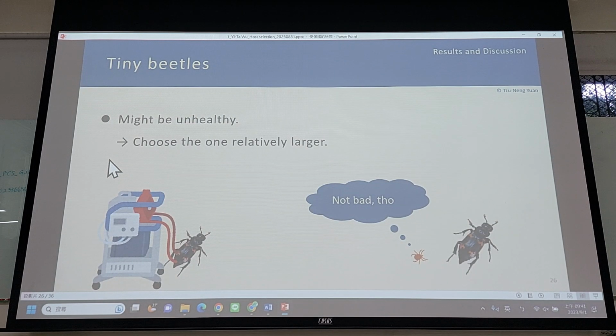And we want to explain it, but maybe it's because when the beetles are very, very small, it means that they are unhealthy. So choosing a relatively larger one is very important, because if you choose the smaller one, maybe the beetle can't move around, so you can't get to the carcass.